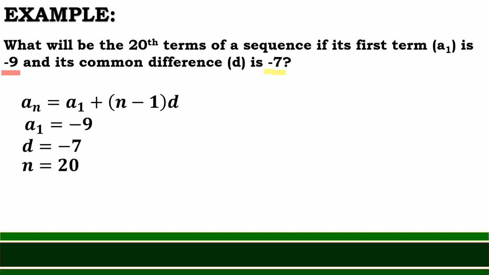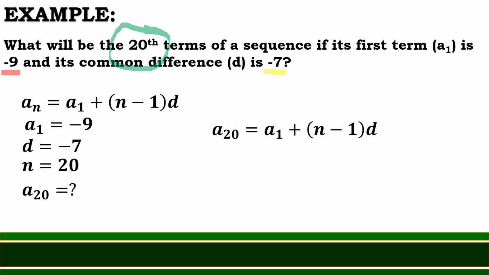Then n is 20. And we need to solve for a sub 20 from this sequence. So, gamitin natin ngayon yung formula. Then, after that, substitute natin yung corresponding value. So, magkakaroon tayo ngayon ng a sub 20 is equal to negative 9 plus 20 minus 1 times negative 7.